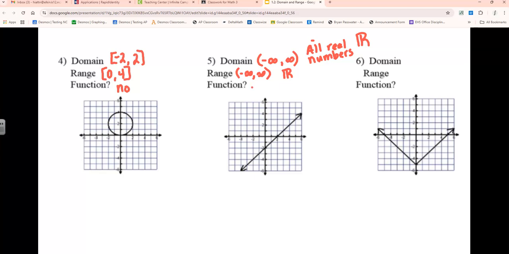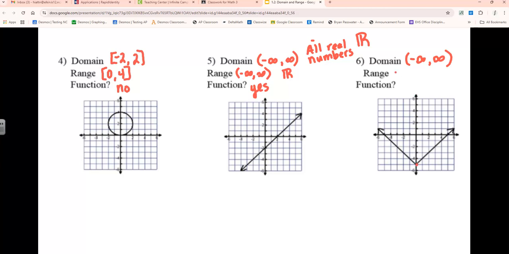So this is a function. Domain for number 6 should be negative infinity to positive infinity because you got arrows on the end. It keeps going in both directions forever. Range, you're starting from the bottom. You don't touch this graph down here at like -6, right? Where do we start hitting it?